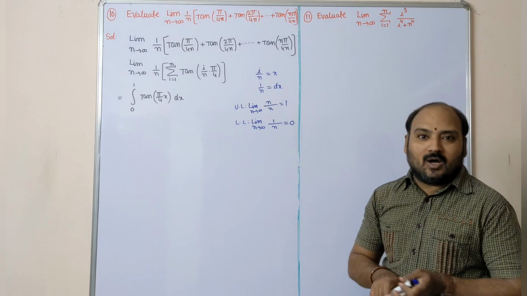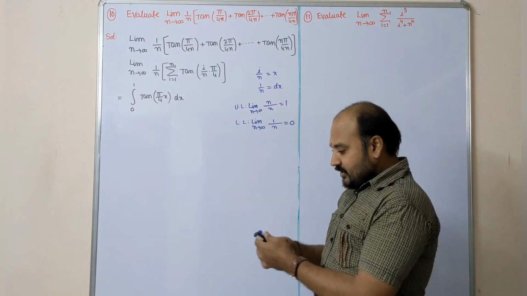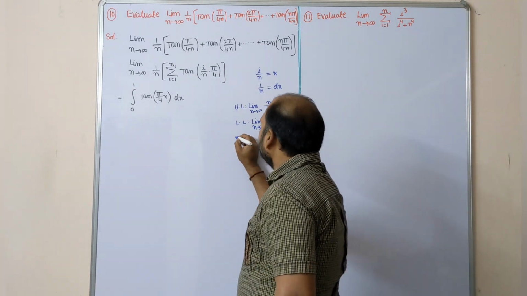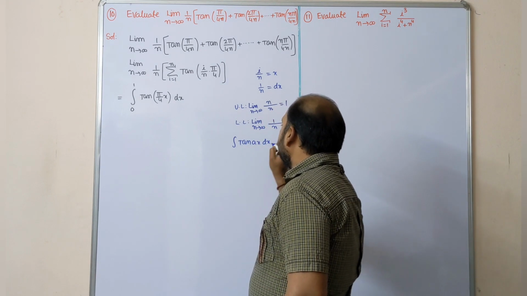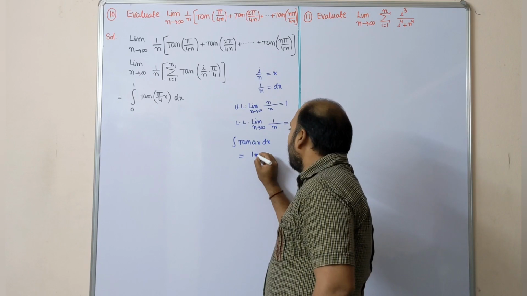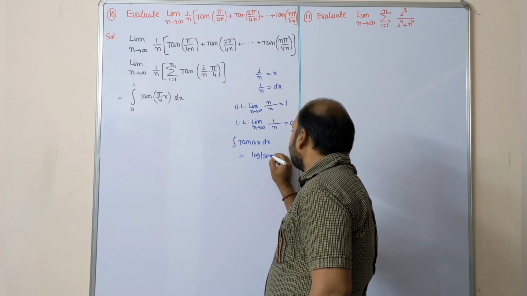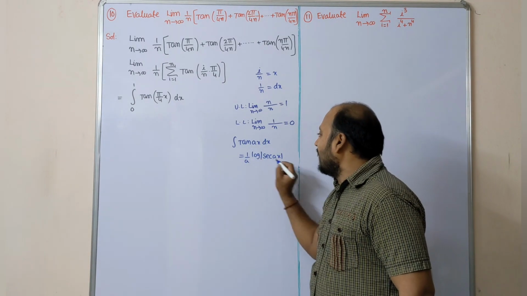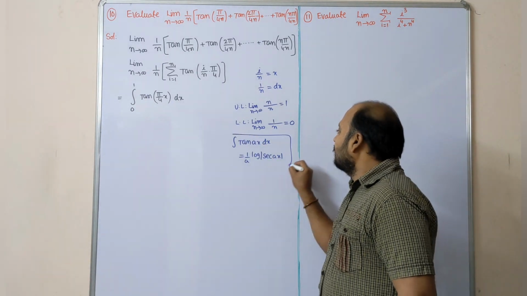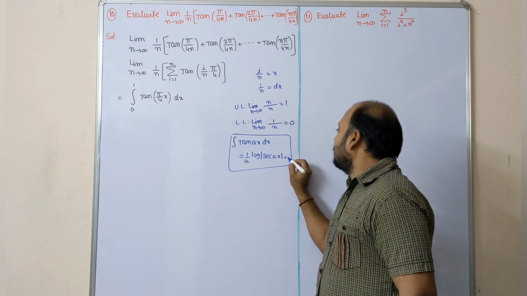We have a formula in integration. Integral tan ax dx is equal to log mod secant ax, by the x coefficient, which is a, no? So 1 by a will come, plus c.